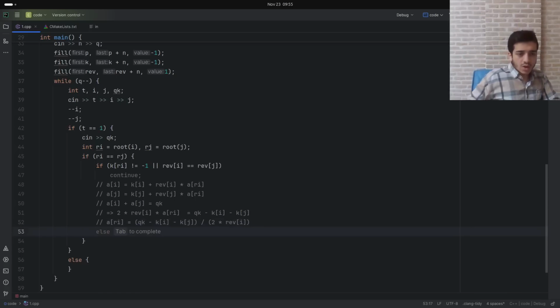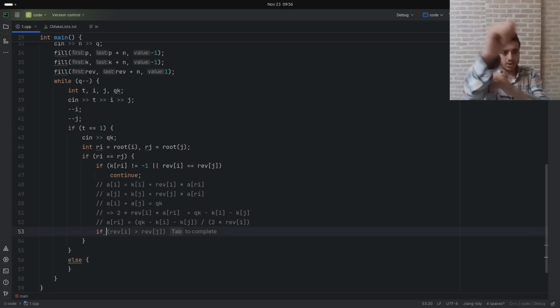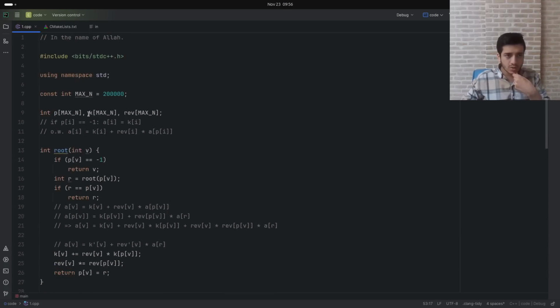That is true. That is completely true. But first, you need to let me. So in the case that, let me add another variable here.